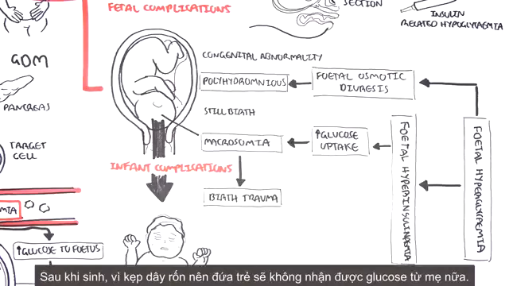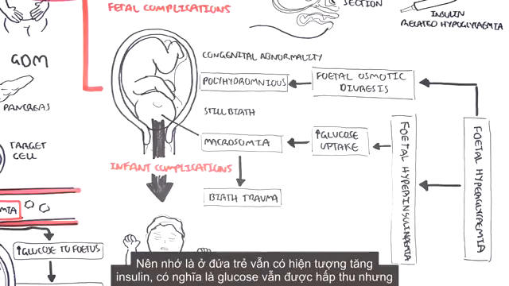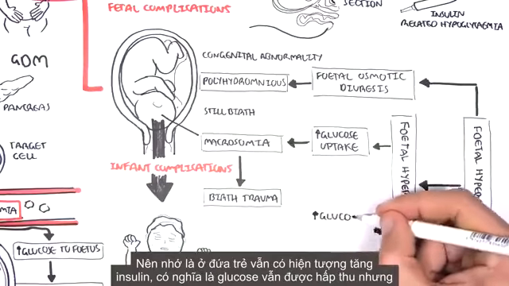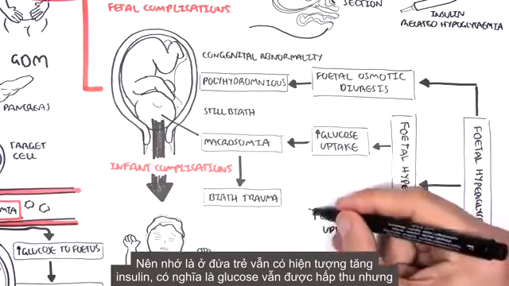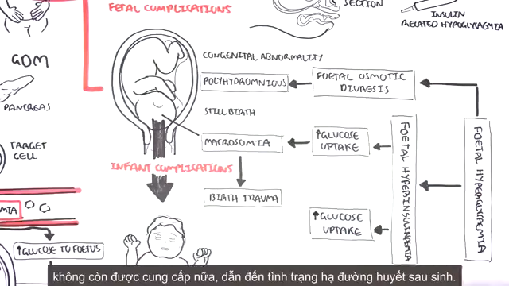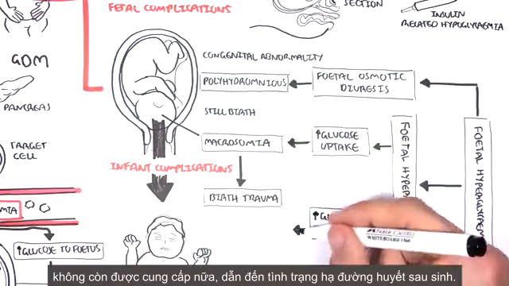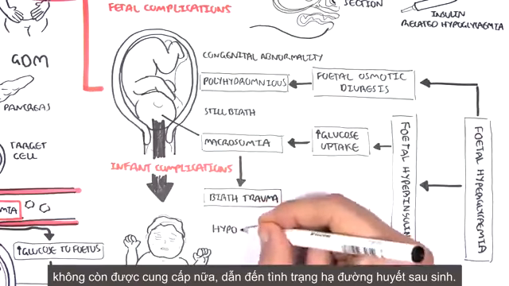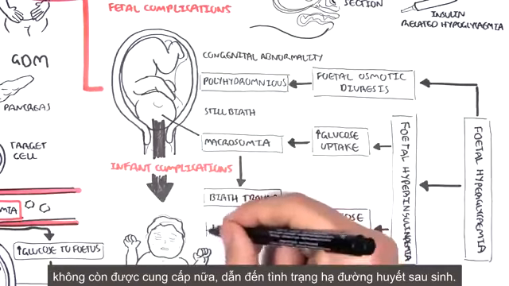After delivery, the fetus will not receive any more glucose from the mother because the umbilical cord is clamped. Keep in mind that there is still fetal hyperinsulinemia present, and this means that glucose will be taken up still. But with no more supply of glucose in the baby, this means that there is hypoglycemia.